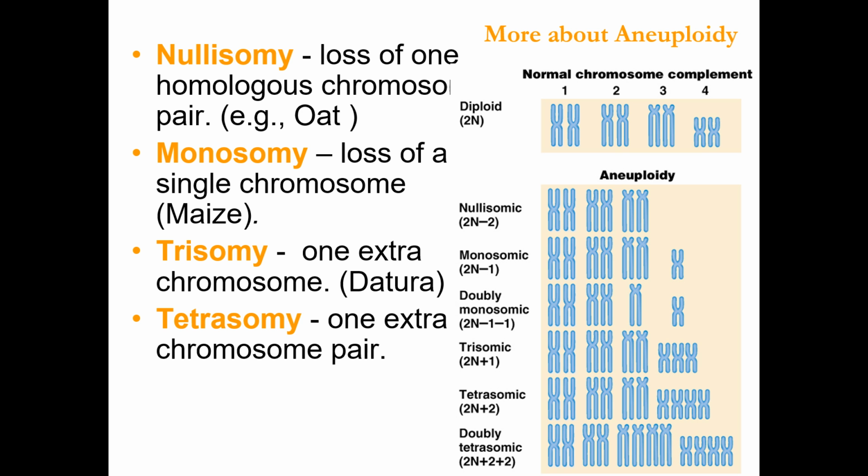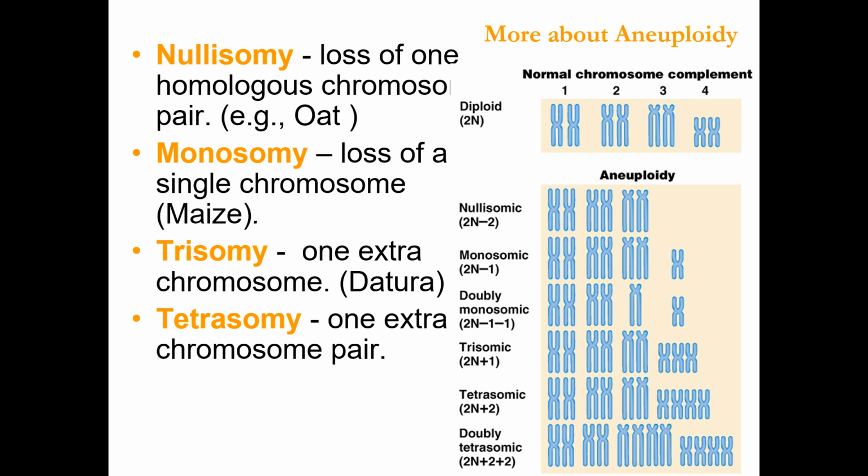Nullisomy, loss of one homologous chromosomal pair. These types are more common in the plants. Even human beings have also contributed to this. Nullisomy means loss of one homologous chromosome pair.